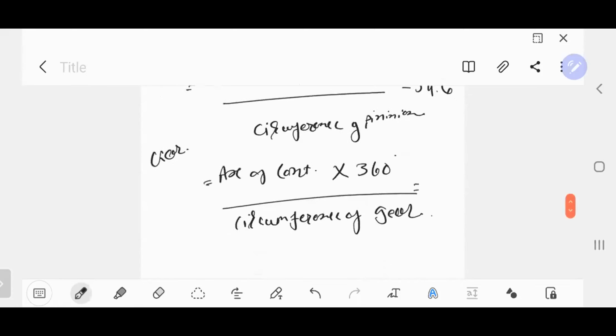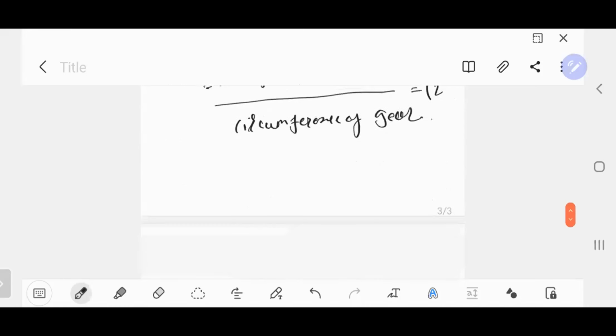And for the gear, yes, exactly 12. Good. This is the angle turned through by the pinion and gear when one pair of teeth is in contact.